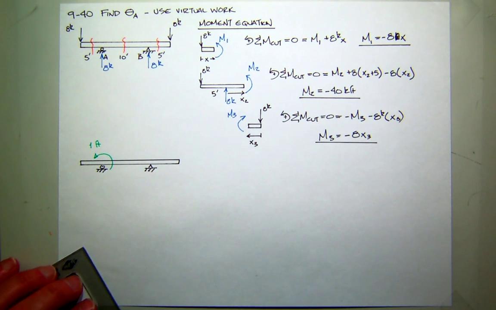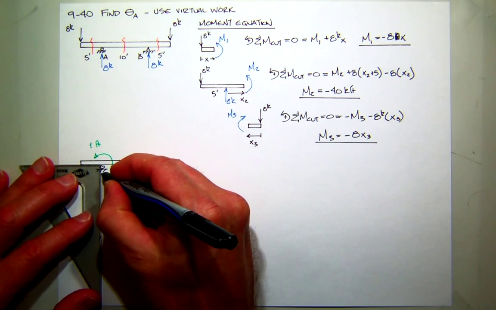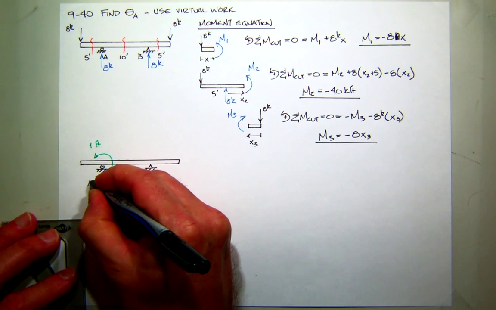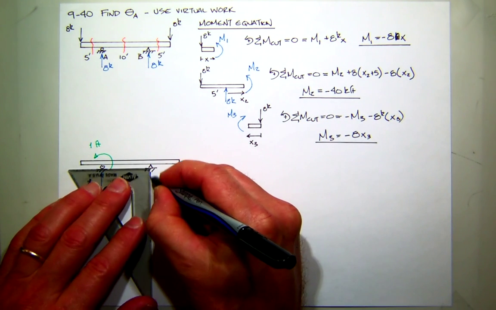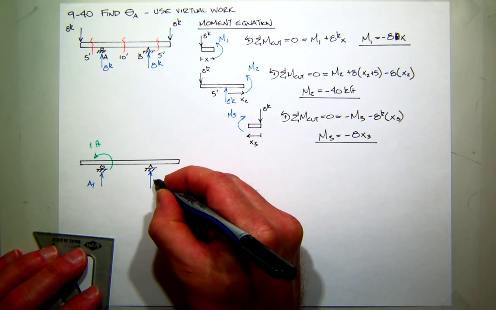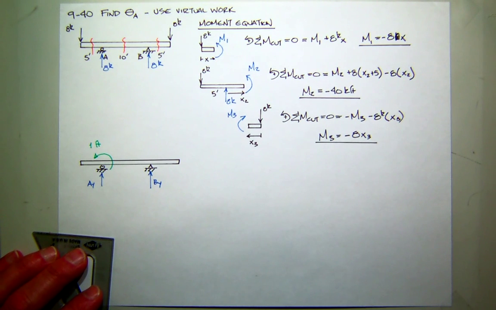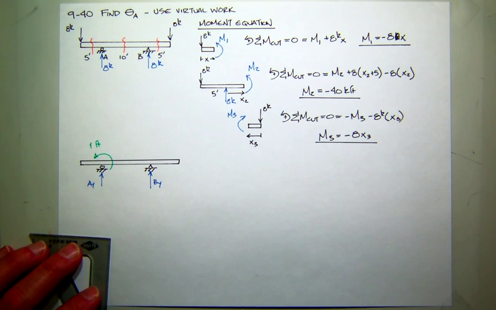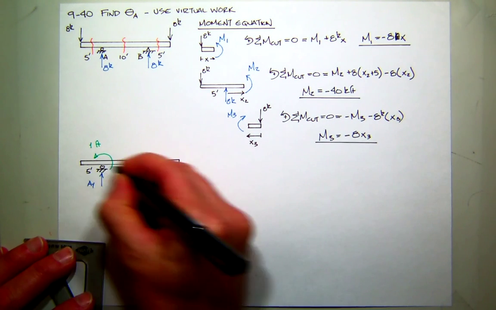Now I do have to do some work here because I have a different reaction at A and at B. Although I could probably figure out what those are, I think it's best if we just go ahead and calculate those.